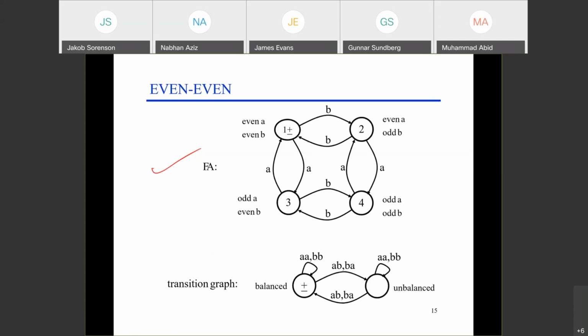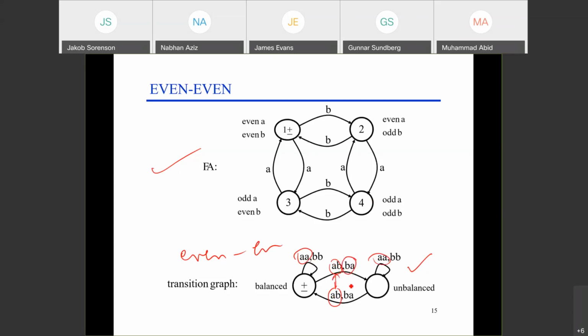This is again a TG, but it is a TG of the even even language. Now it is doing the same job. It accepts the same language but with a reduced number of states. It is the same thing: two A's, and then one A and one B, and then two A's, and this one A and one B make it two A's or two B's.